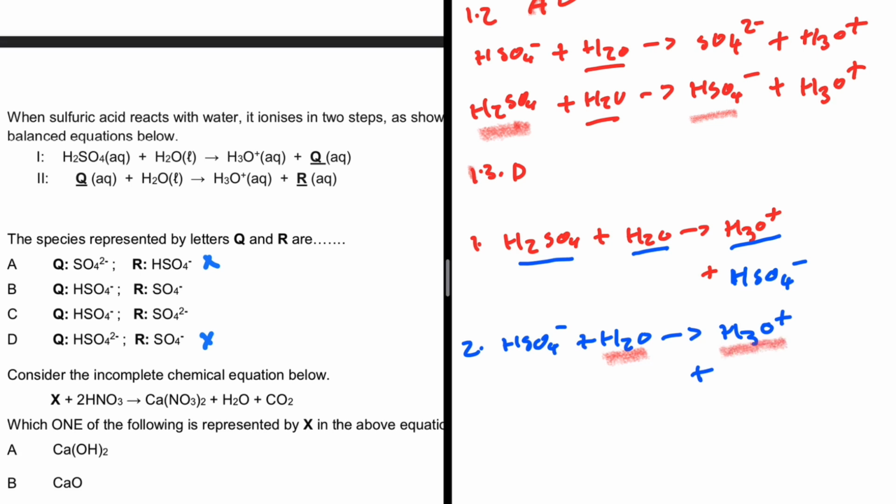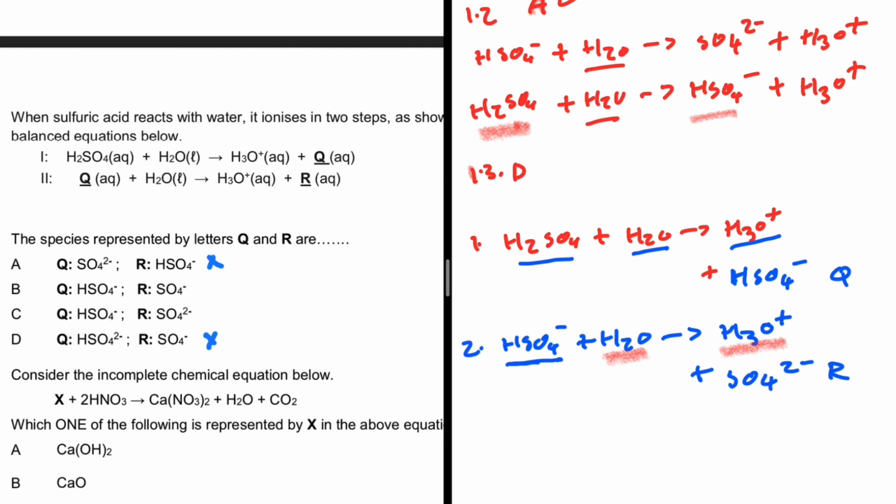It has accepted a proton. Where is the proton coming from? The proton is coming from HSO4 minus. When it donates a proton, we're going to be left with SO4 2 minus. So this is Q and this is R. The answer to 1.4 is C, and let's do 1.5.